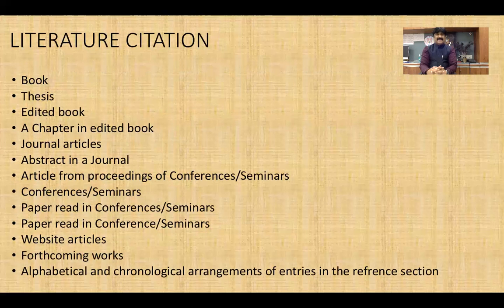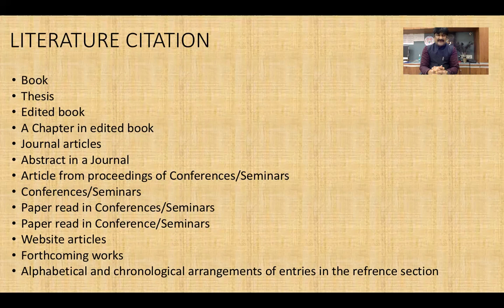The literature citation covers books, edited books, the PhD thesis, a chapter in an edited book, journal articles, abstracts in a journal, and articles from proceedings of conferences or seminars.